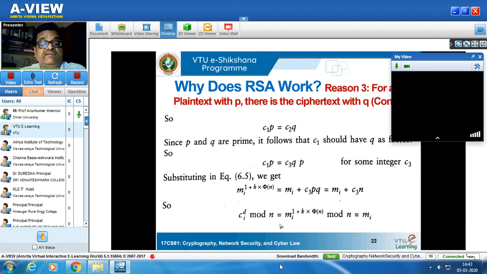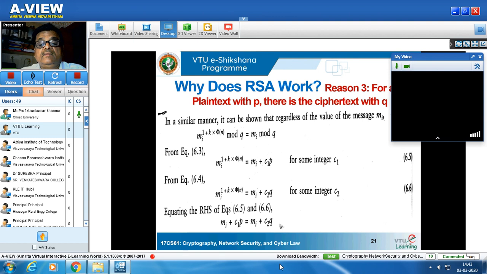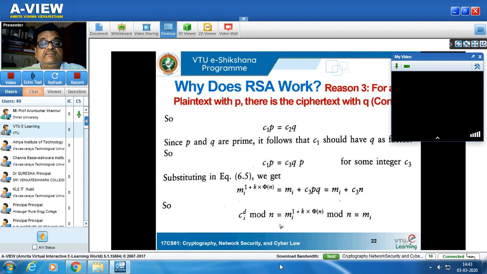Substituting this in equation 6.5, we get m_i raised to 1 plus k into Euler's phi function n equals m_i plus c3 pq, which equals m_i plus c3 n, because the multiplication of the two numbers p and q is equal to n, and we are replacing it.